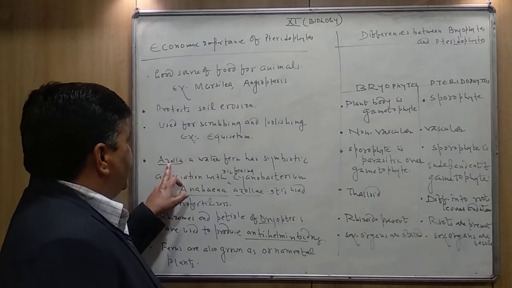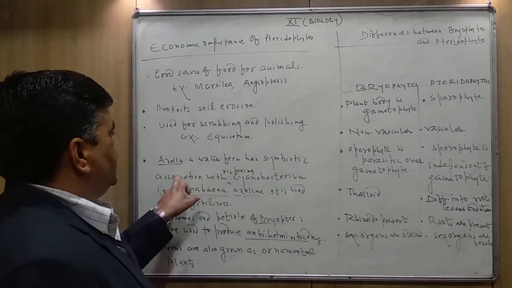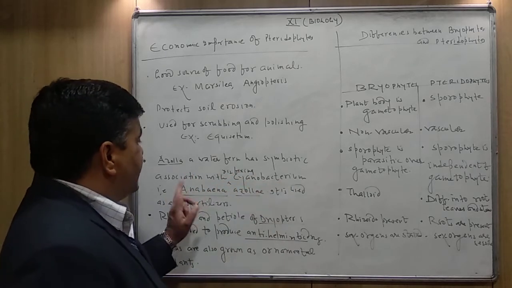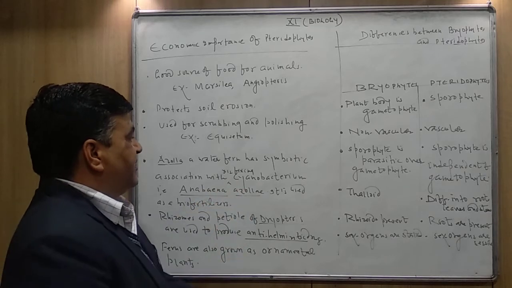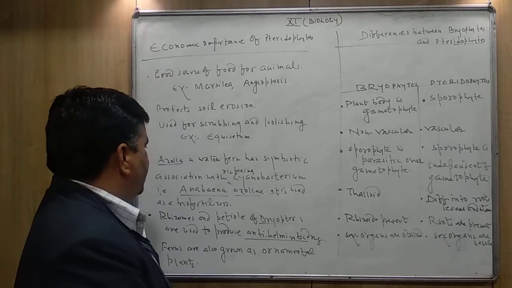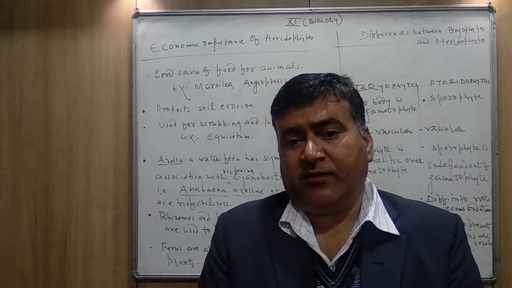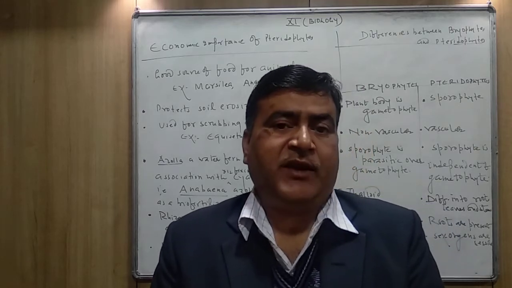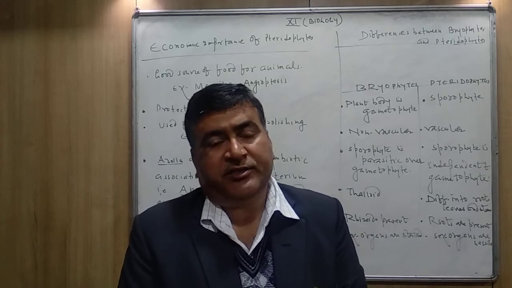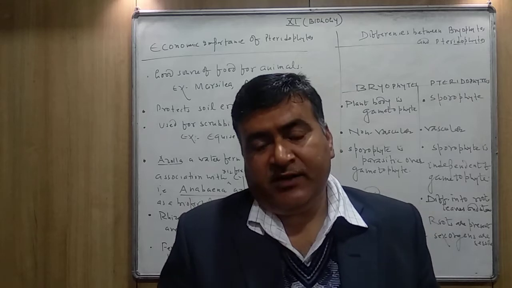So I have written here: Azolla, a water fern, has a symbiotic association with the nitrogen fixing cyanobacterium Anabaena azollae, and this Azolla is used as a biofertilizer, especially in the paddy field. Sometimes there will be a question: why is Azolla used as a biofertilizer, especially in paddy fields?